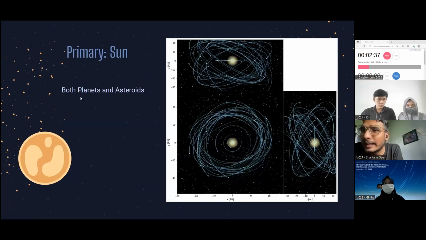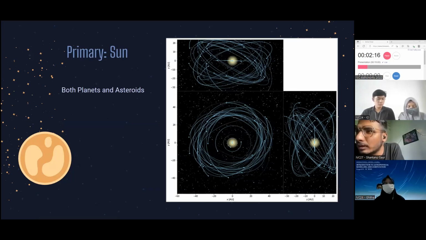So over here, you can see both the planets and the asteroid orbits together. The X and the Y axis are spatial coordinates in astronomical units, which is the average distance between the Earth and the Sun. And the three images that we see over here are from three different viewpoints.